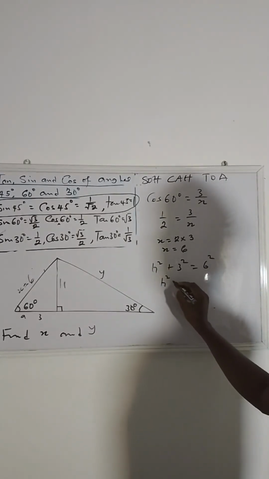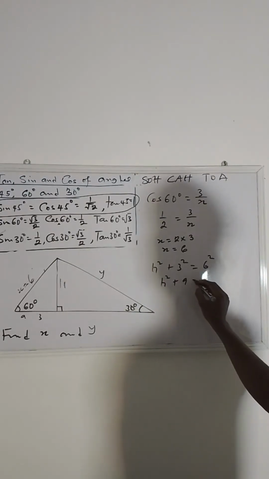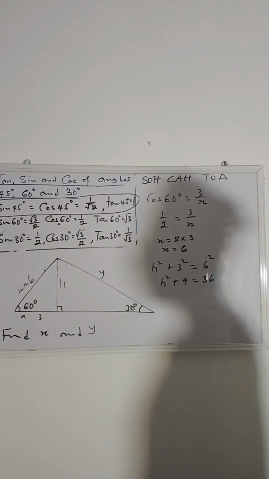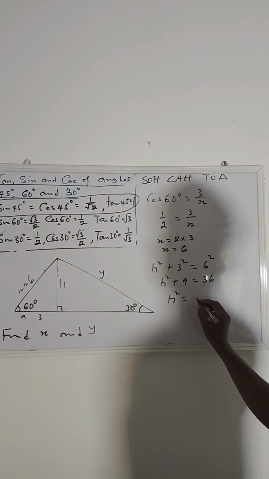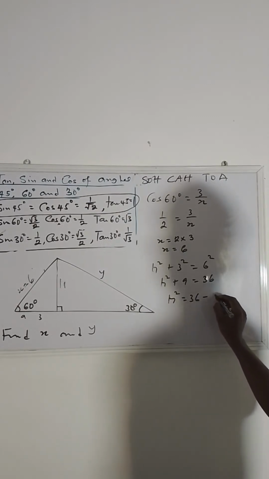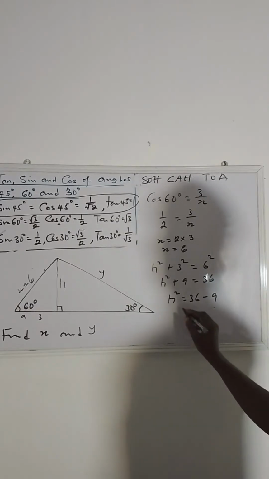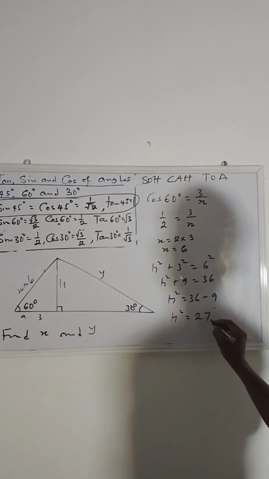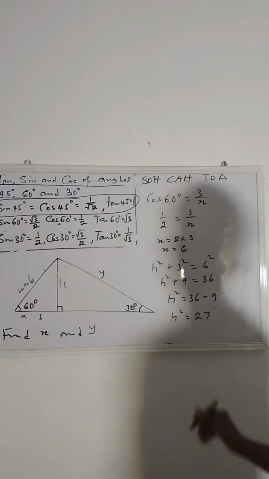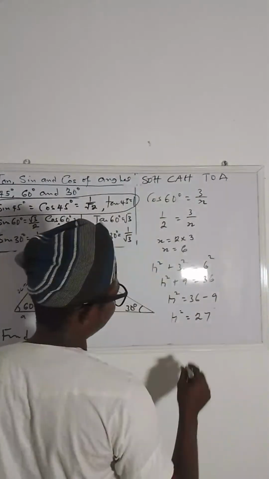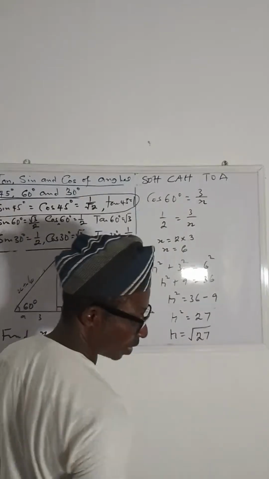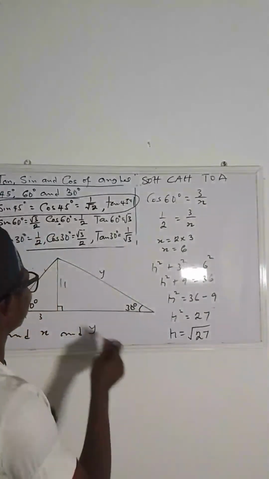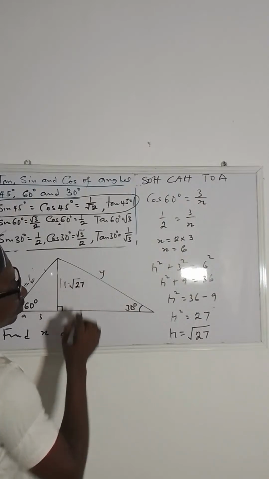That's going to be h squared plus 9 equals 36. So h squared equals 36 minus 9, so h squared equals 27. So h will be the square root of 27. So this is the square root of 27.